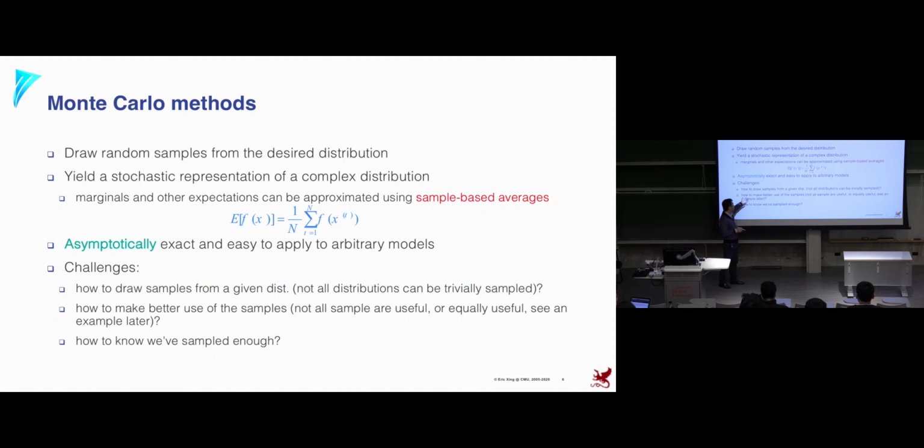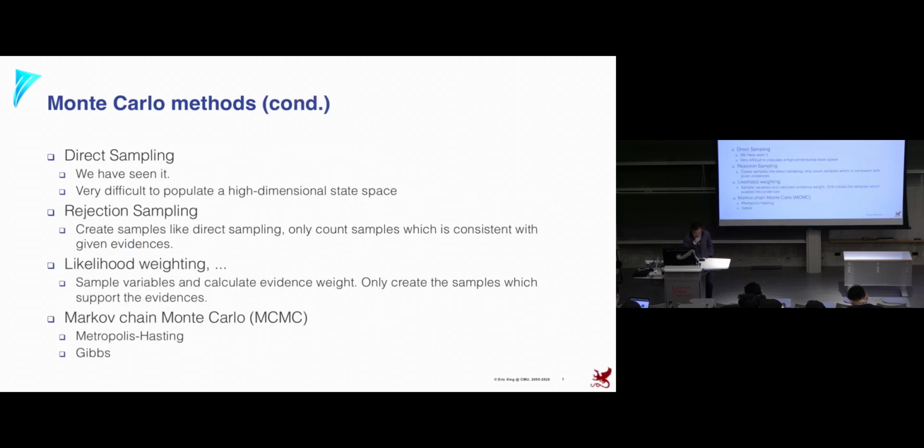Then, how to make better use of the examples? Not all examples are actually useful. For example, in the previous case, we have 9 cases for some events and 1 case for other events. Out of these 9 cases, maybe you don't need that many, but the one sample is not enough for certain events. And also, how do you draw enough examples?